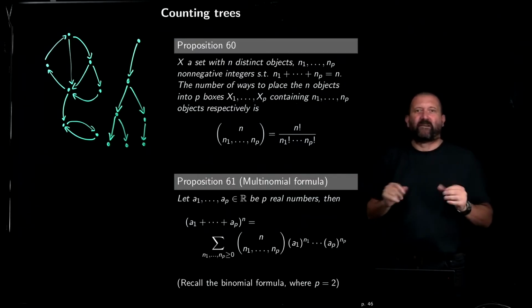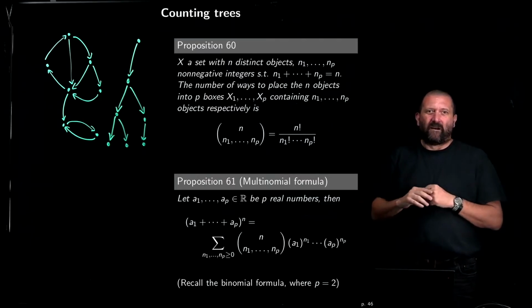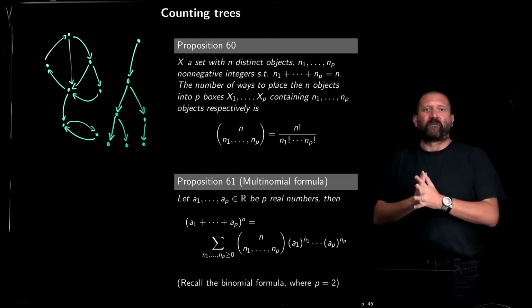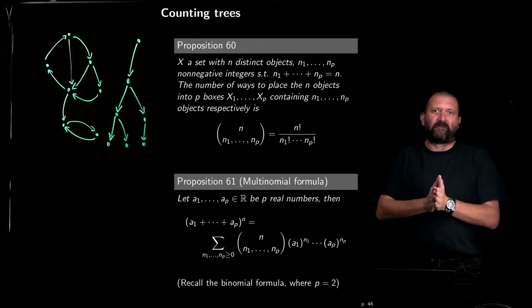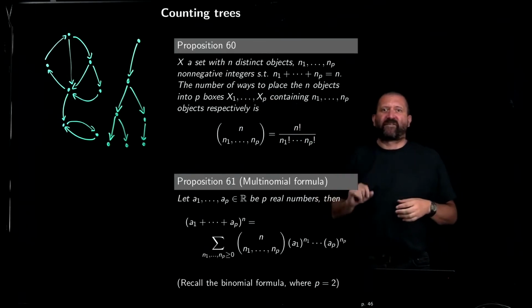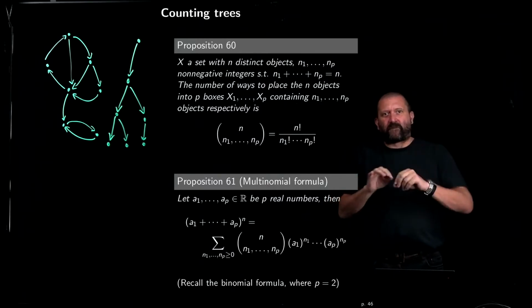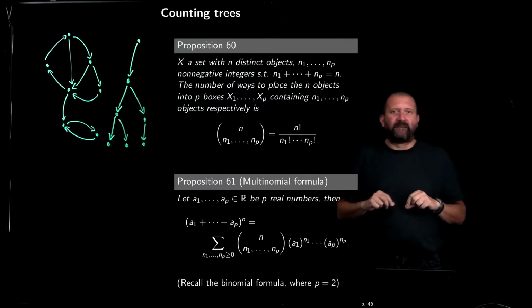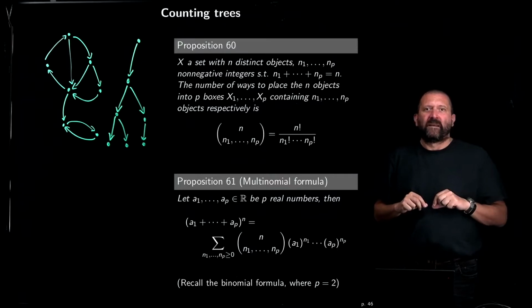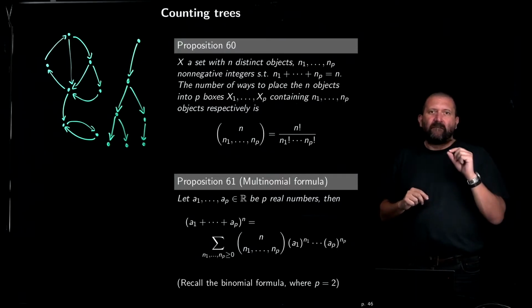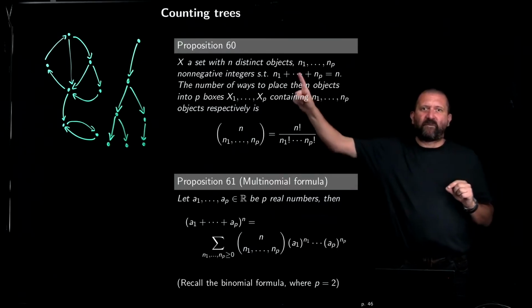So the first proposition here is just an expansion of some things you have probably seen before. Suppose I have a set that contains n different objects, and I take p integers that sum up to n.